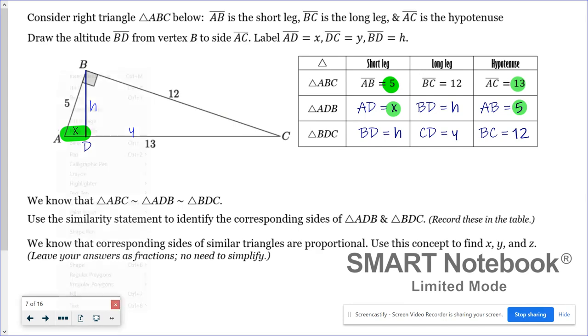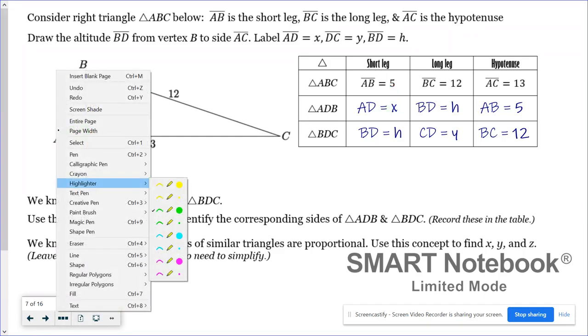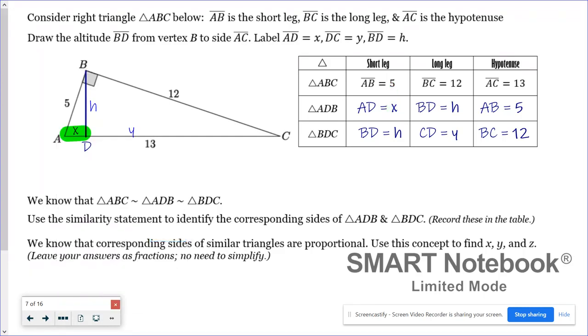Another proportion that you all came up with, because I asked you what you would do to find y, was 12 over y equals 13 over 12.